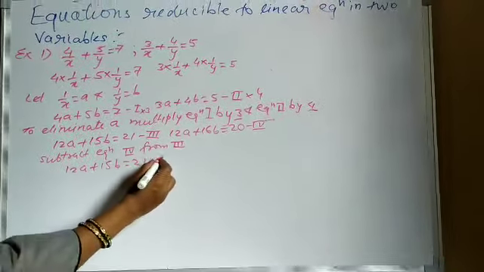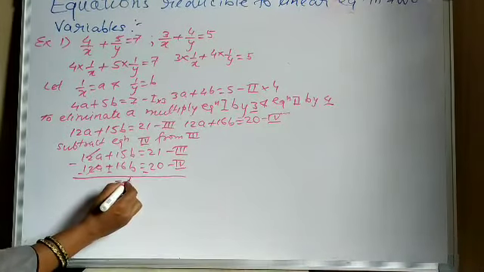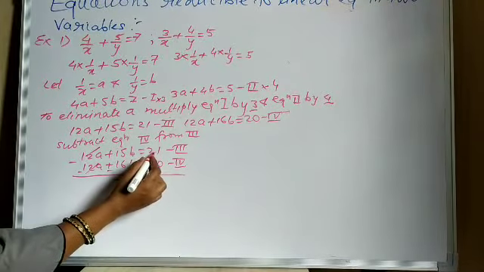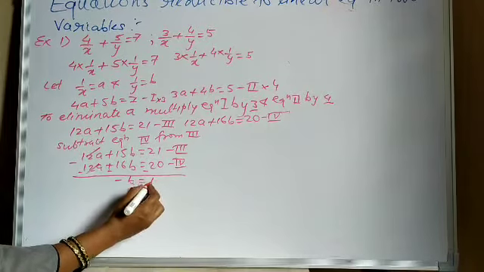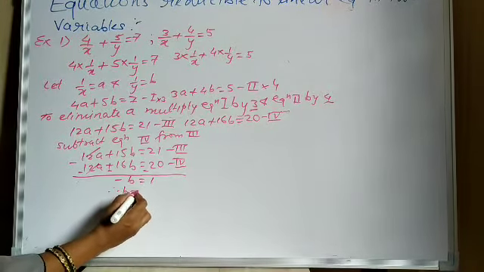So we are going to subtract equation 4 from 3. Signs will change, so 12a will get cancelled. 15b minus 16b is minus 1b, or minus b, on this side. 21 minus 20 is 1. Therefore b is equal to minus 1.